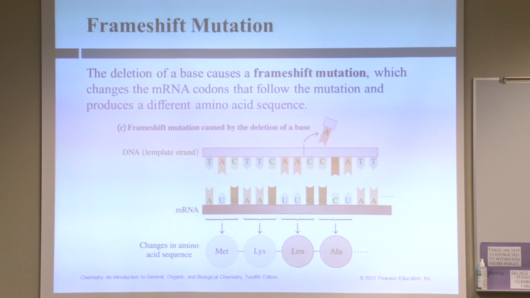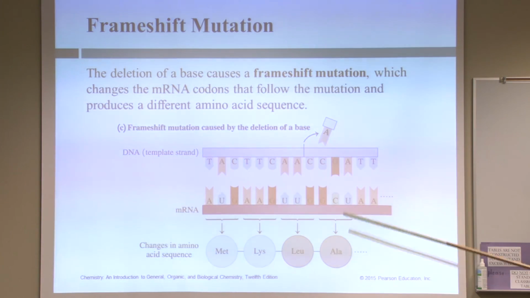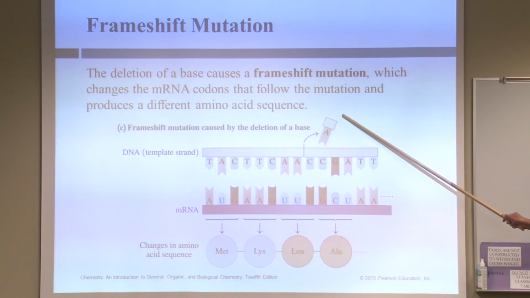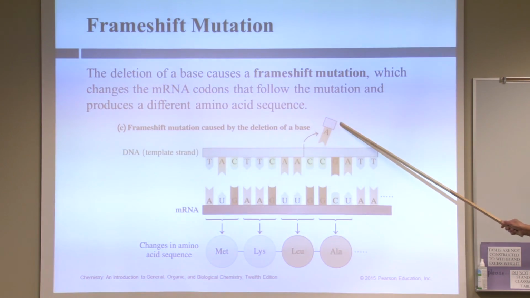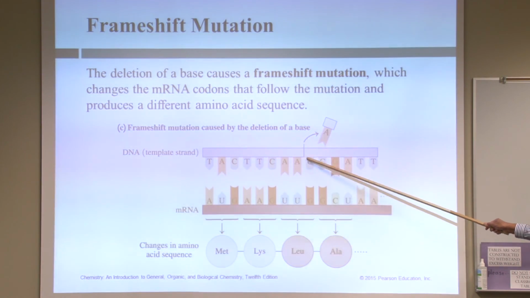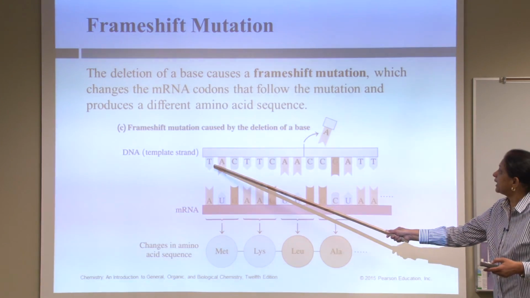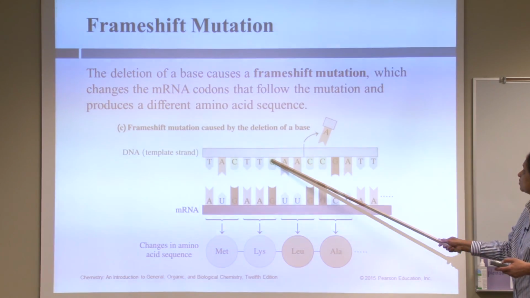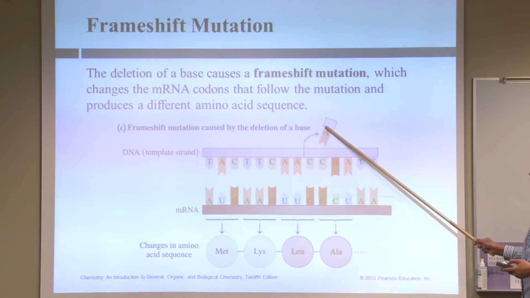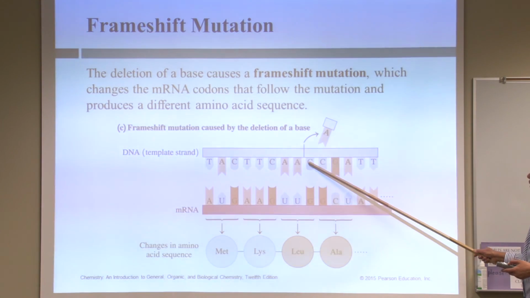So that is mutation. Now let's look at frame shift mutation. The deletion of a base or addition of a base causes this. Here we are deleting a base. So now when you take this out, the triplets, we start here, triplet, triplet. These three were a triplet, now these three are a triplet.